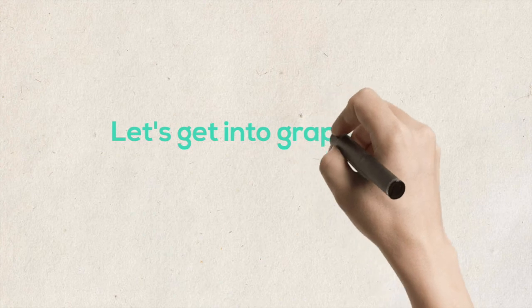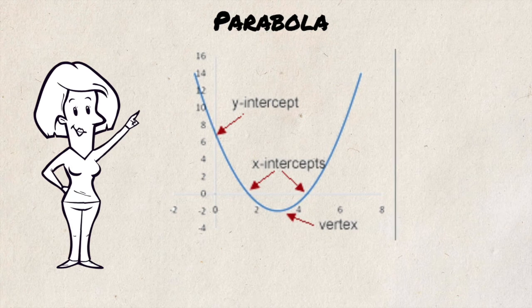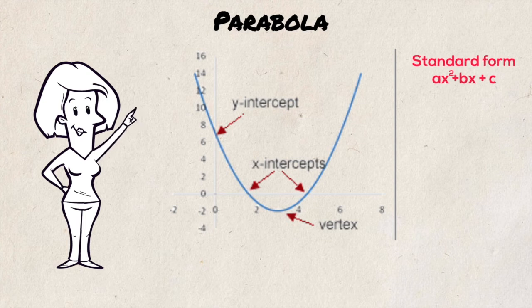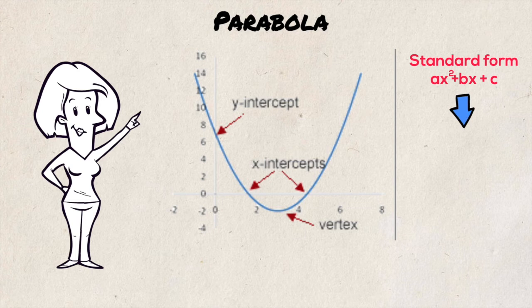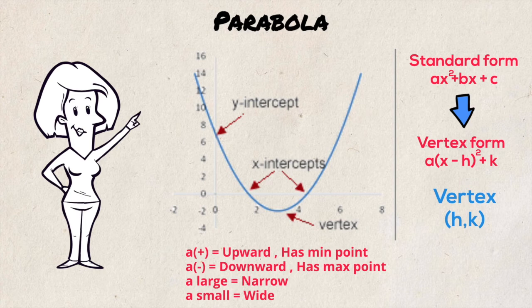The quadratic equation can be written as a graph too. The graph is a curved shape called a parabola. To draw the graph more easily or identify the shape of the parabola, we need to convert the standard form into the vertex form first. The form is a multiplied by x minus h squared plus k, where the coordinates h, k are the vertex, and a determines whether the parabola will be wide or narrow and point upward or downward.